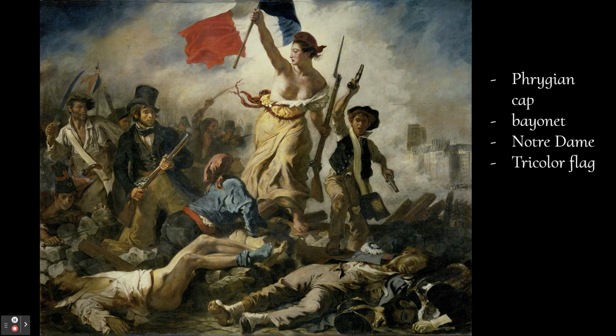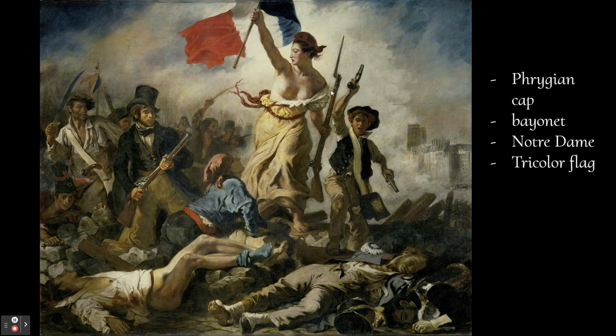And she's holding the flag of the French Revolution. This flag of 3 colors, or tricolor flag, red, white, and blue, is the flag of the French Revolution. So even though this is a revolution taking place after the French Revolution, it's showing that people are still pressing forward to get those ideas of liberty and good government and all that.